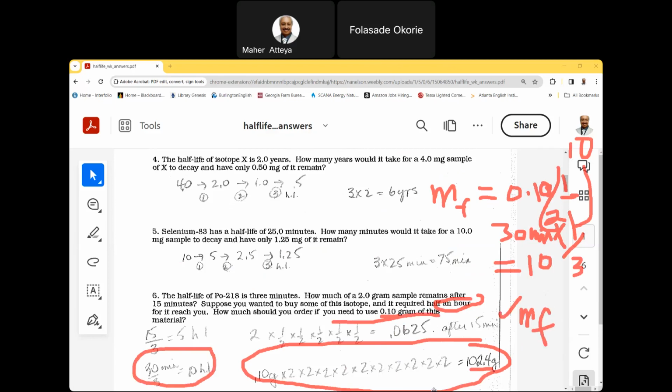Yes. So what do I call, 0.1 times 1 times half raised to power 10? Well, no, because it's how much you order, if you need, that's the problem. That's your MF. So MF is given to you. This time you have to look at the wording, MI.